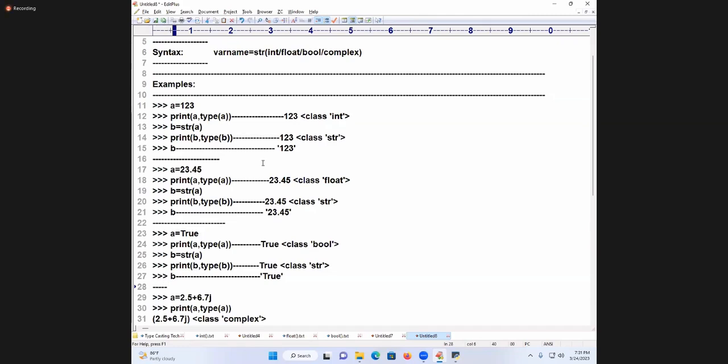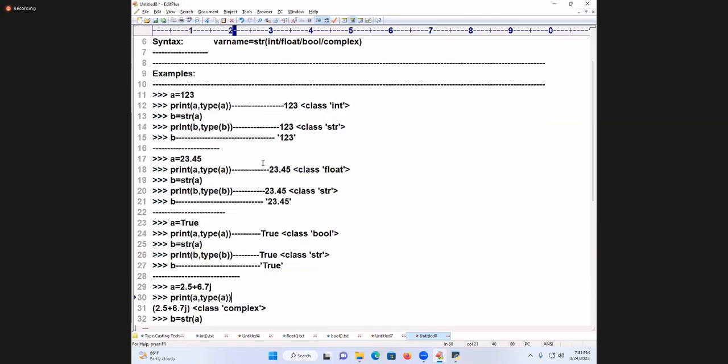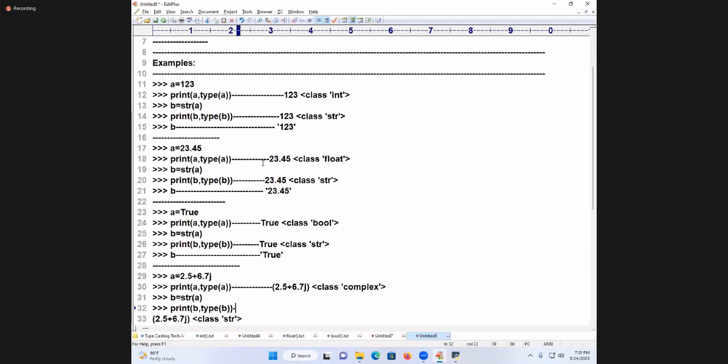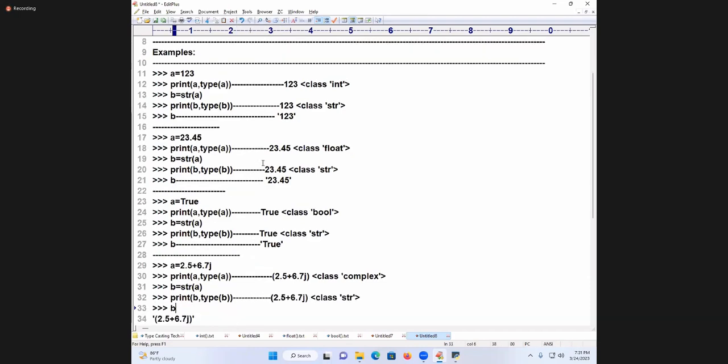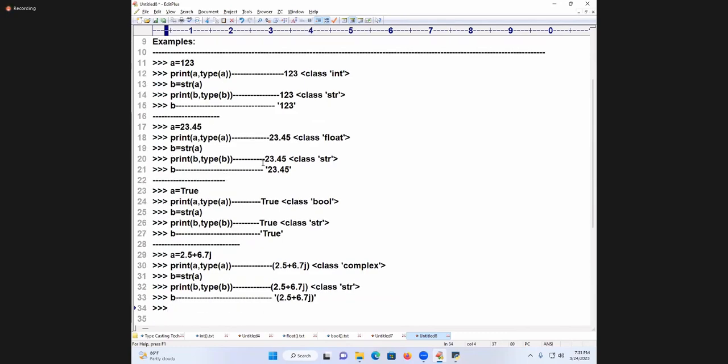Now see, students, I am taking a complex type value. Now str of this data: how is the b value internally available? In single quotes. This is all about complete typecasting conversions. Are you following me?